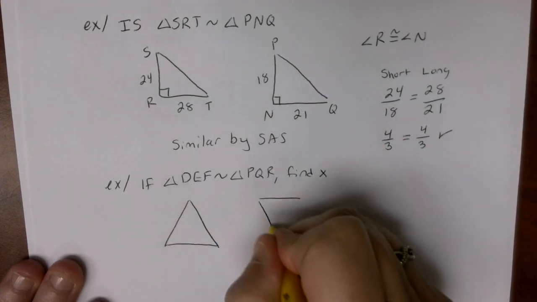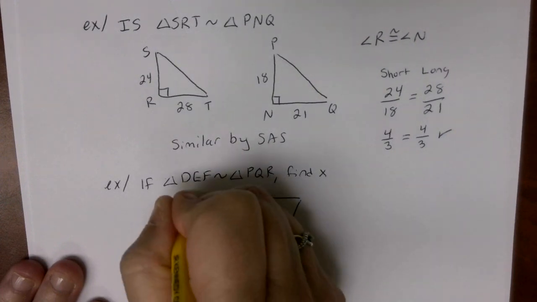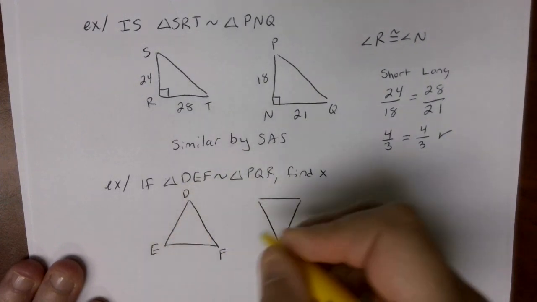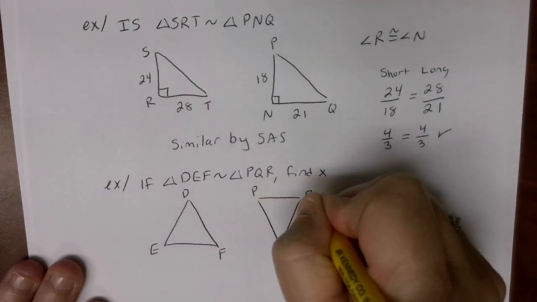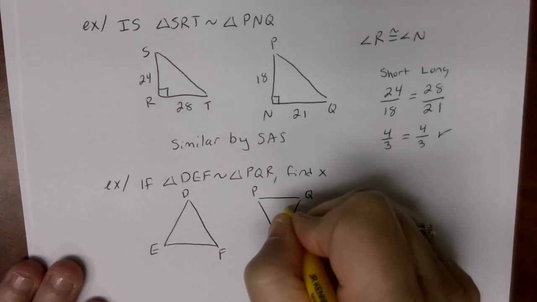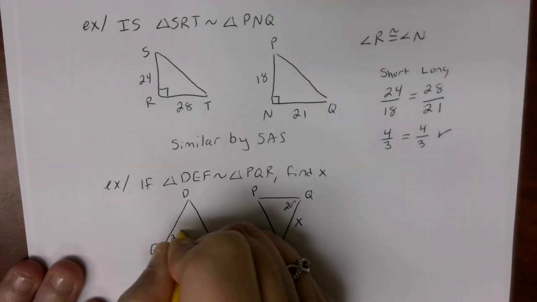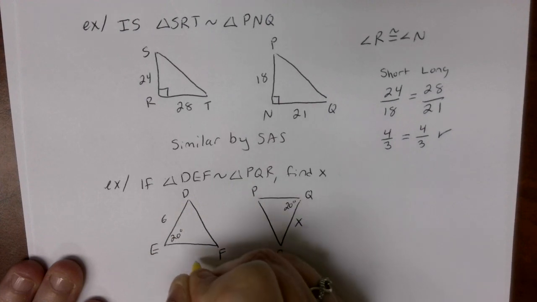So let's get them drawn. So F, D, E, P, Q, R. So X, so this one's 20 degrees, 20 degrees, 6, and 9.